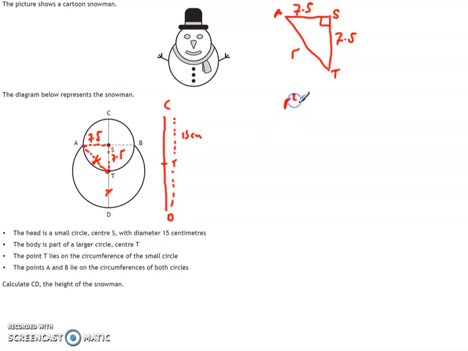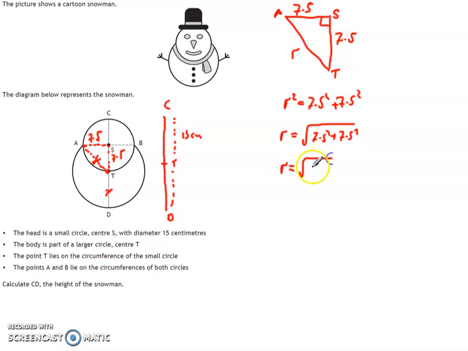Using Pythagoras, I know that R squared is going to equal 7.5 squared plus 7.5 squared. What that then means is I can figure out that R is equal to the square root of 7.5 squared plus the other 7.5 squared. So 7.5 squared plus 7.5 squared is 112.5.